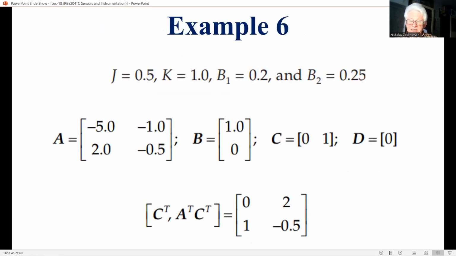Consider the diesel engine, in this example, number sheet 6, diesel engine system, and suppose that the system parameters are J equal 0.5, K 1, B1 0.2, and B2 0.25.